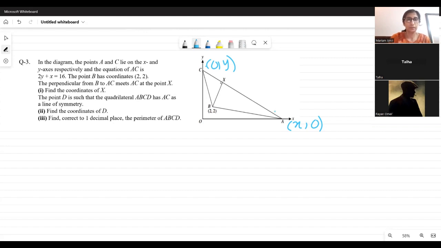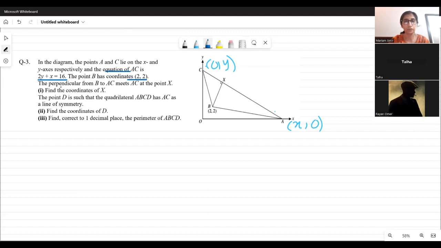Okay. So in the diagram, points A and C lie on the x-axis and the y-axis respectively, and the equation of AC is given: 2y plus x equals 16. Point B has coordinates 2, 2.